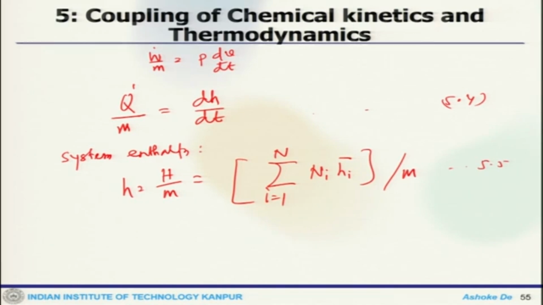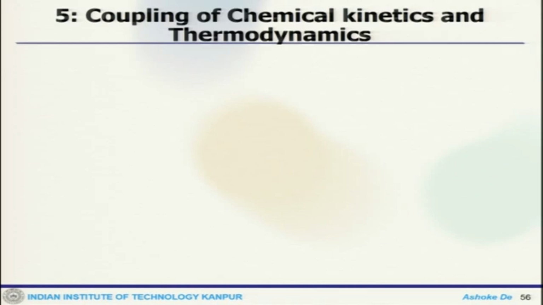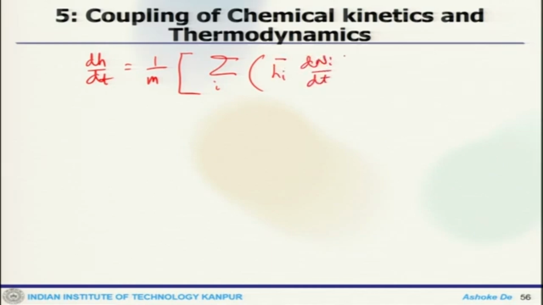Differentiating the previous equation gives dH by dt, which is 1 by m times the summation over i of Hi dNi by dt plus the summation over i of Ni dHi by dt.